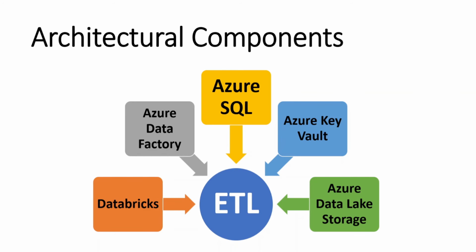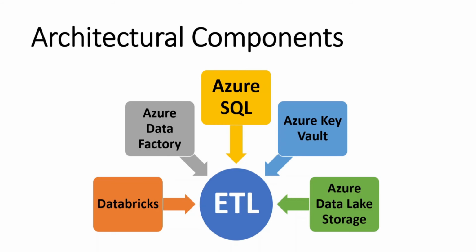So the architectural components that we are going to use for building this ETL pipeline would be Azure Databricks, Azure Data Factory, Azure SQL, Azure Key Vault, and Azure Data Lake Storage. Basically, Azure Databricks is going to be the processing engine. That is going to be the core component in this ETL. That is responsible to pull the data from source and process, then finally write the data into the target location.